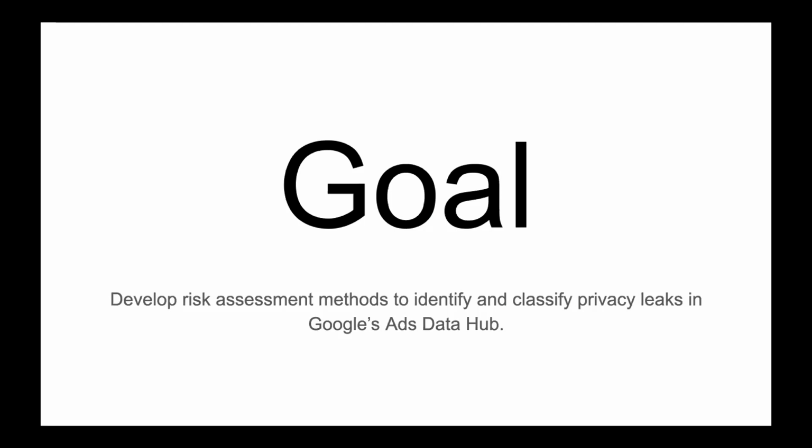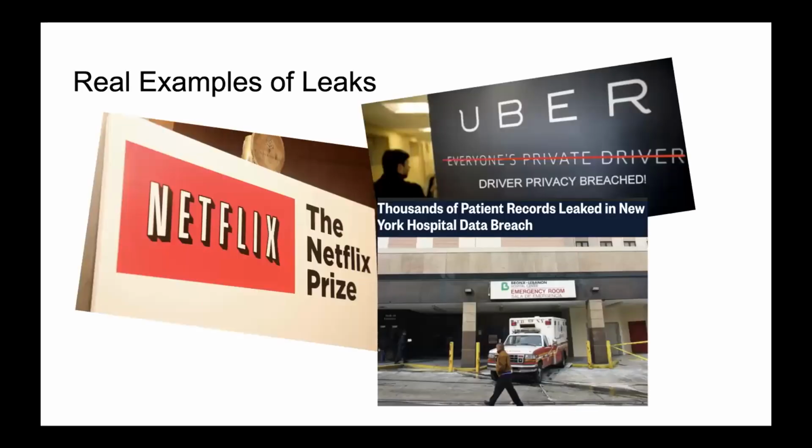Now, why this project is important is best explained by the Netflix Prize data set of 2008, where attackers could use benign information such as movie ratings and approximations of when a movie was watched, and combine it with external information to reveal sensitive information about people, such as their political affiliations or sexual orientations.